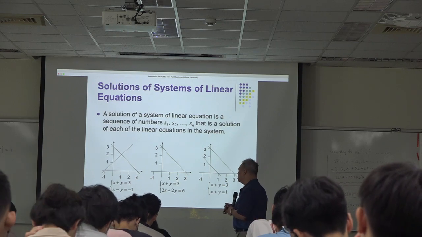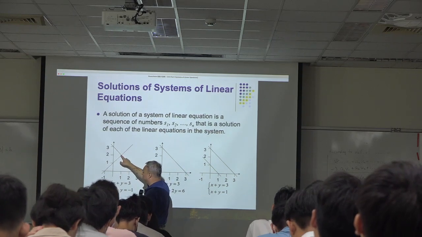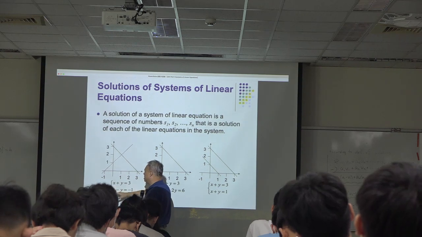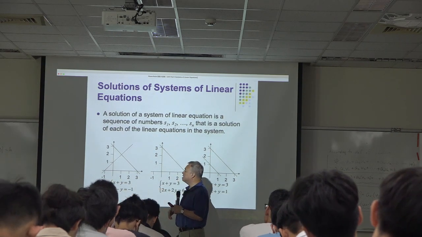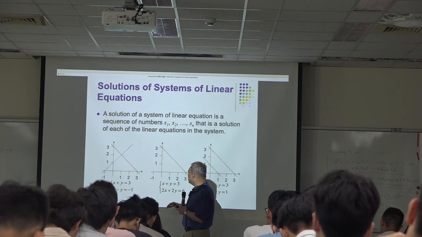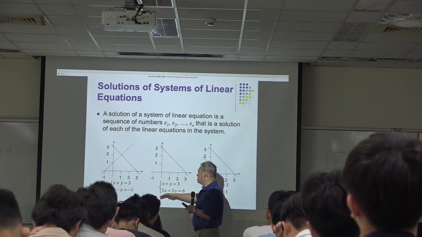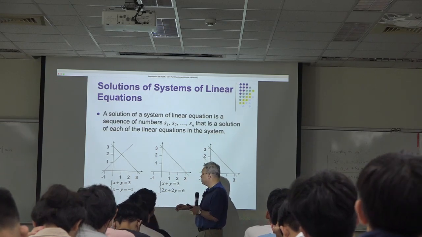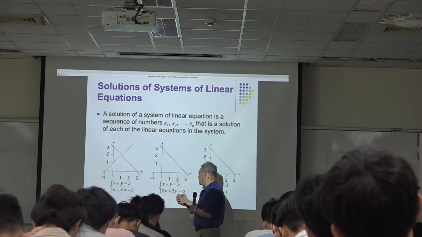Obviously, only this intersection point can satisfy both linear equations at the same time. Another situation is that these 2 linear equations happen to be the same line, x plus y equal to 3 and 2x plus 2y equal to 6.